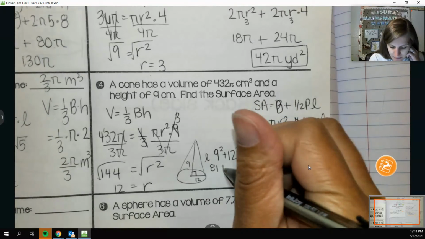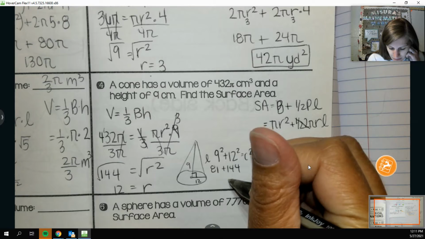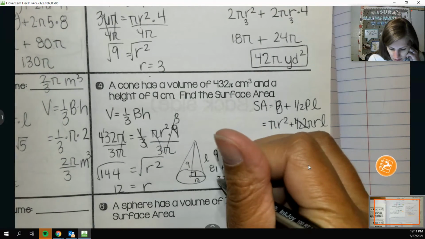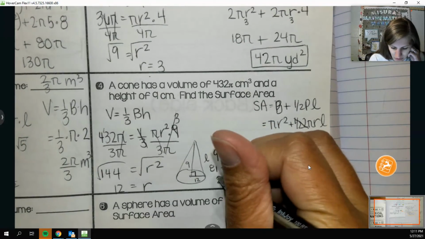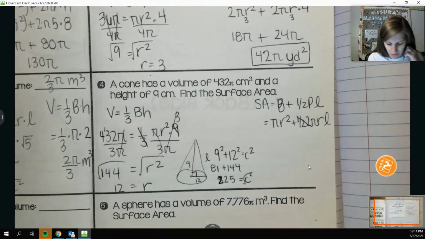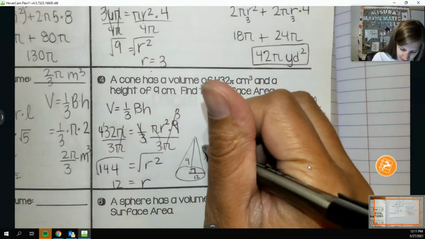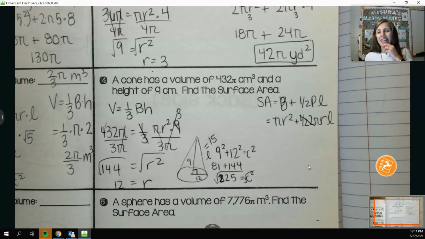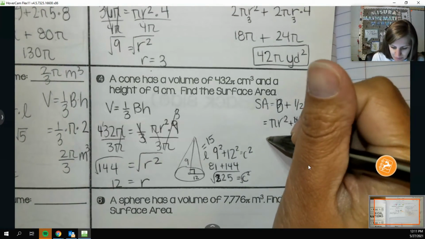So we got 81 and 144 for 225. Maybe it's not. 225, just kidding. That's too much. 225, so maybe it is. It's 15. So that slanted height is 15, which is helpful because now I can find the surface area.